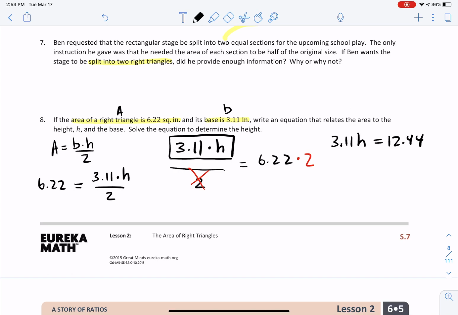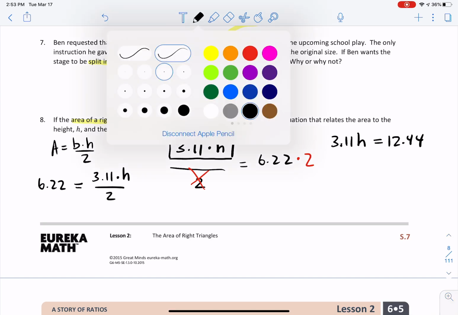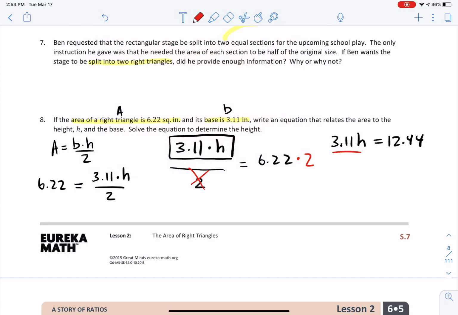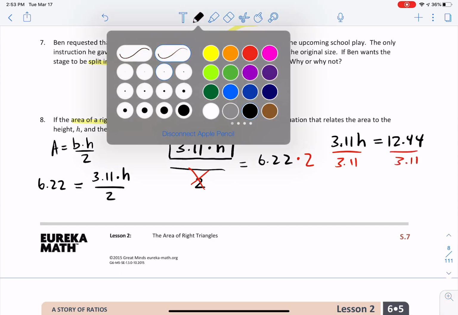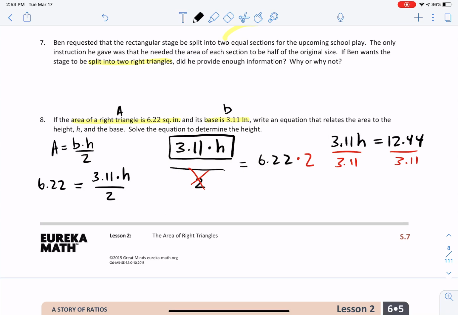Well, now I end up with another equation to solve. Well, I know that if I have multiplication, I'm going to have to divide in order to get my solution. And this one I could do fairly easily with mental math, but in case you needed a calculator, h equals 4. So the answer, h equals 4.